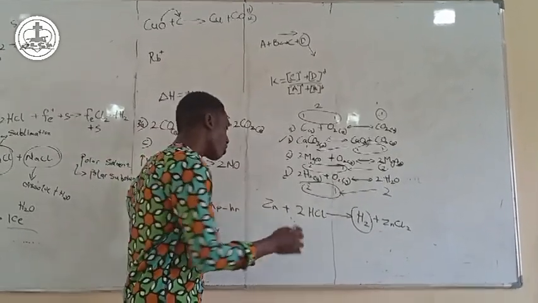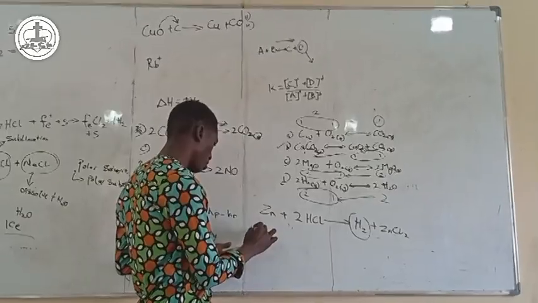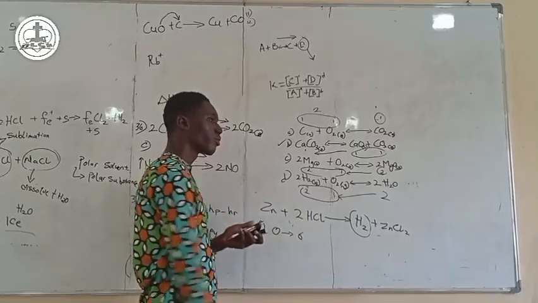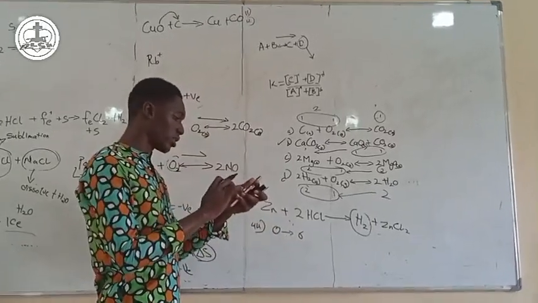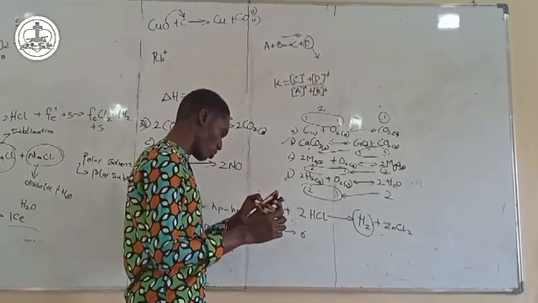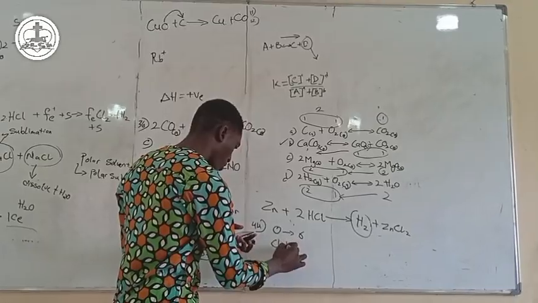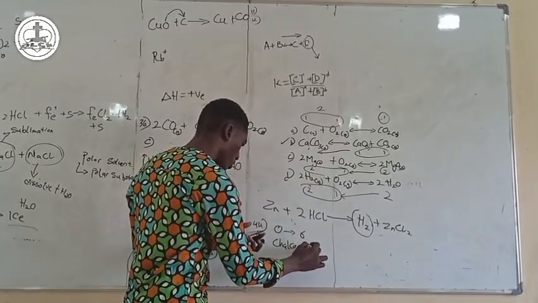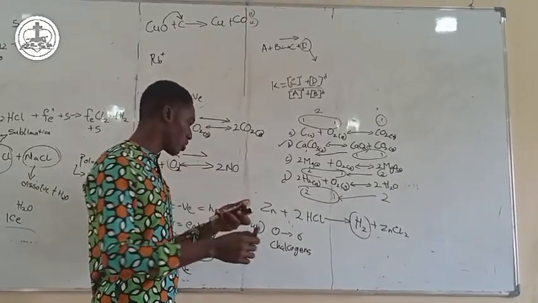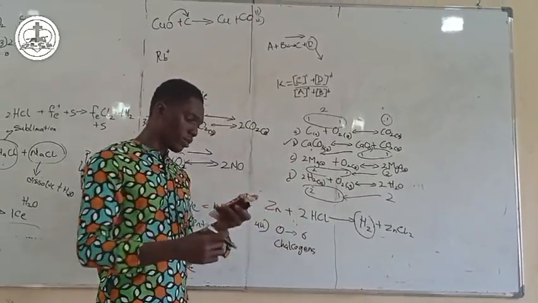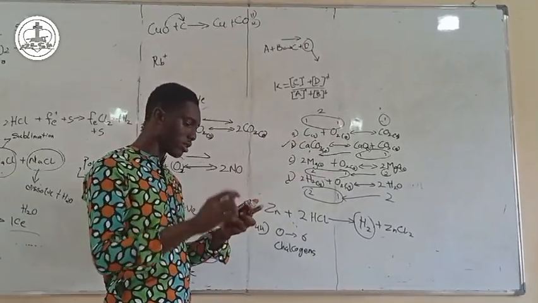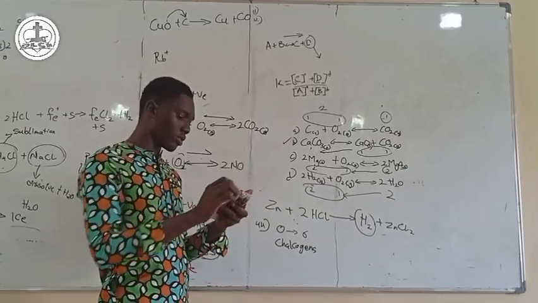Oxygen belongs to group number 6 if you check in the periodic table, and the collective name for that group is chalcogens. So if you check in the description of this video, there is an explanation of what chalcogens are. So chalcogens are group 6 elements. So that's the collective name for the group in which oxygen belongs.